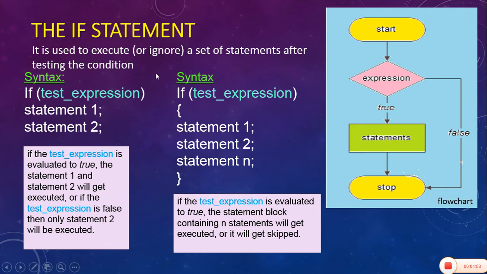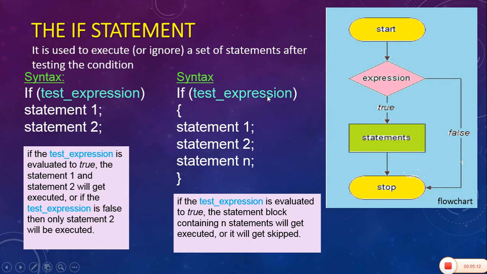Now there is another syntax of the if statement. Here you can see there is a block of statements. If you consider there are n number of statements and you place them within curly brackets, it will create a block.